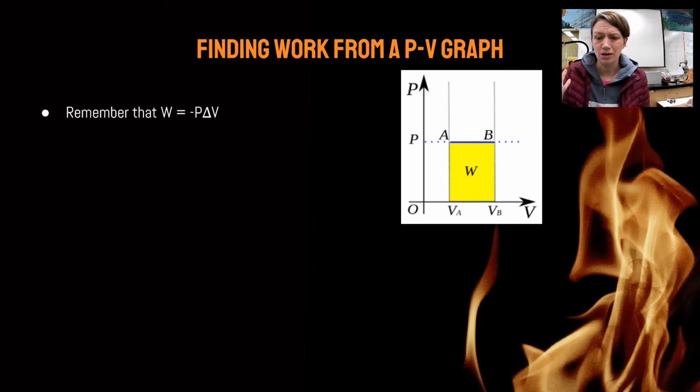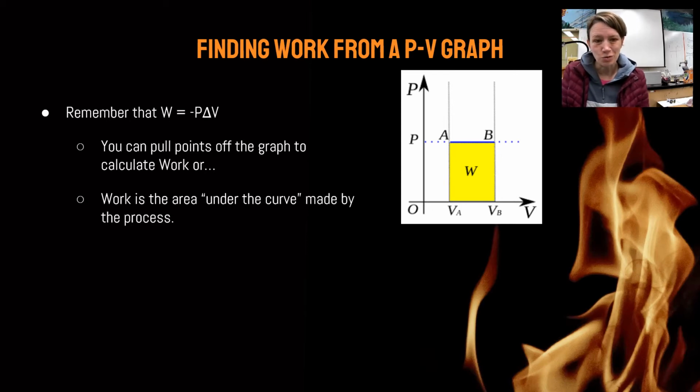And so you could calculate it directly by pulling data points off the graph if you wanted. Or you can take a shortcut, which is to realize that you've essentially described the area under that graph. The delta V is the bottom piece of that graph multiplied by the height. So we have the width of that rectangle multiplied by the height of the rectangle. That's the same as the work.